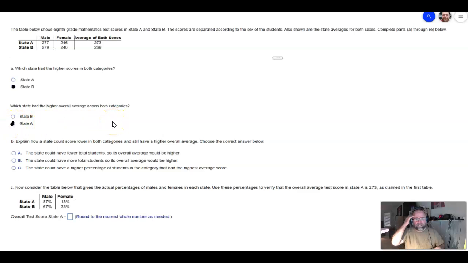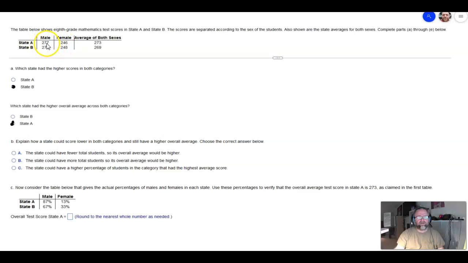Now it says, explain how a state could score lower in both categories and still have a higher average score. Well, let's take a look at this first one. Is this overall average closer to the male or to the female here?